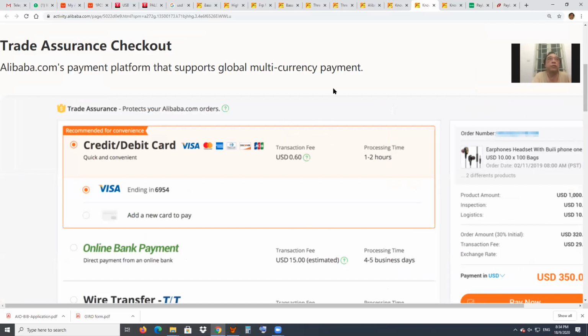Probably this will change because of all the trade problems with the US, and they are not going to use the US dollar. In future you may have the option to choose payment in renminbi, so they don't need to use the US dollar. But right now, all the export is in US dollar.